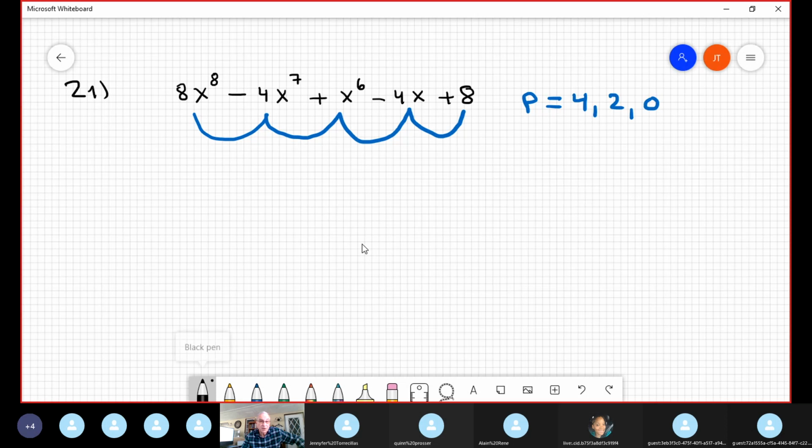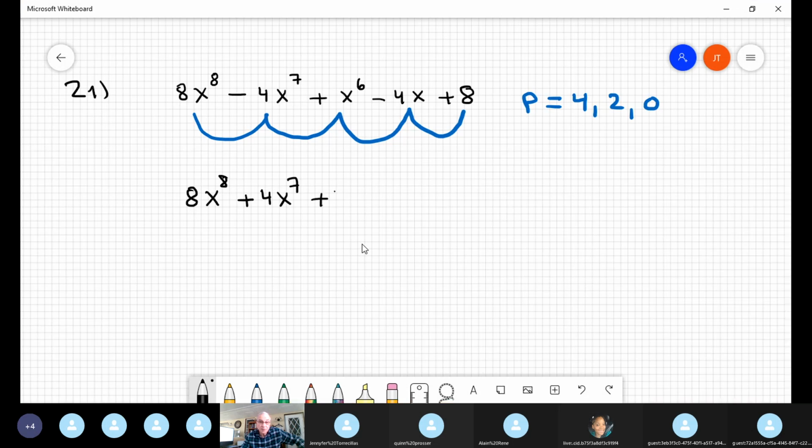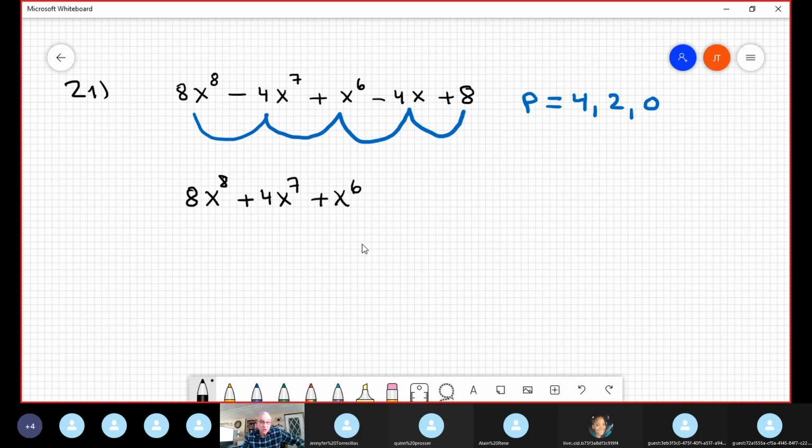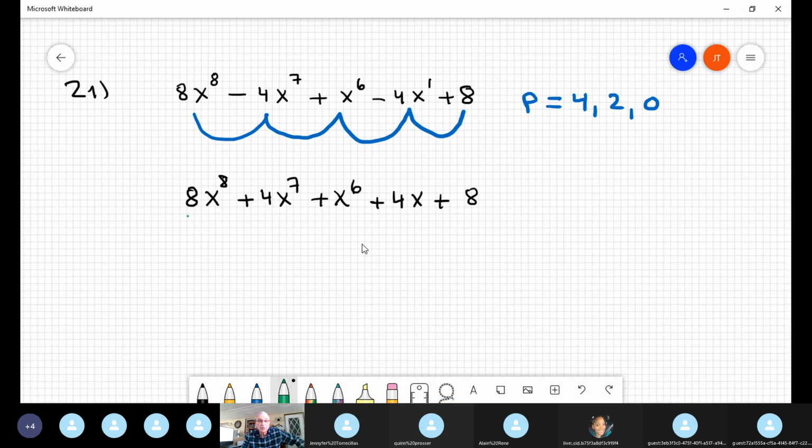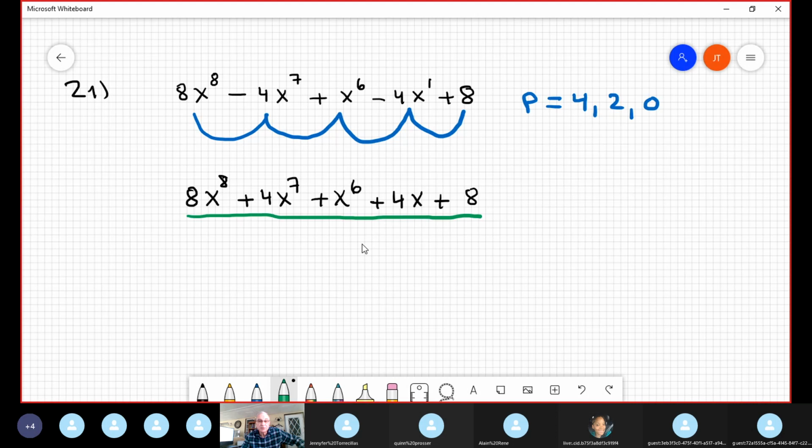Now, in order to find the negative part, the only thing you should do is make a reflection. And remember, the even exponent stays the same. However, the odd exponent changes. This stays because it's even. This changes because it's odd. The exponent here is an invisible 1. Now, look at that. Never changes the sign. Totally flat.